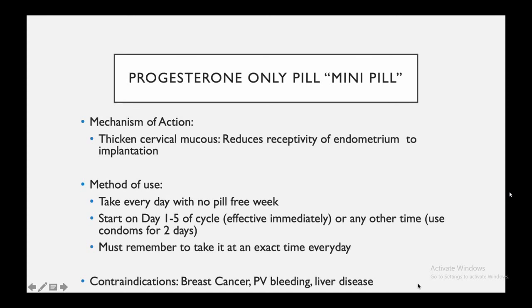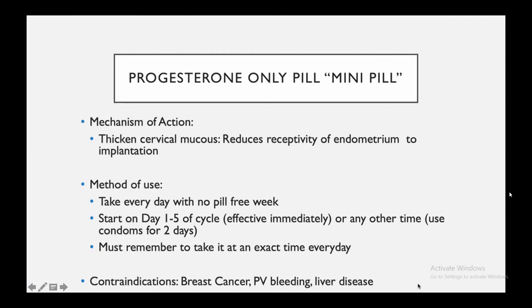And again, it works on the HPG axis by inhibiting ovulation. The method of use for the progesterone-only pill is to take it every day with no pill-free week. Ideally, you start on day 1 to 5 or any other time with 2 days of condom protection.